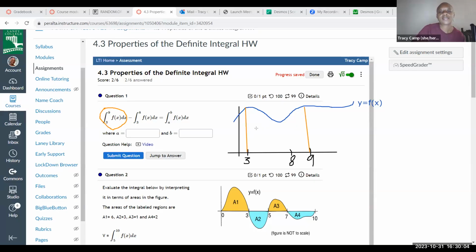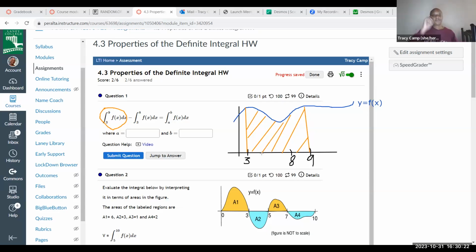And so that's this, what I'm shading right now, this area. That's my definite integral from 3 to 9. Everything, this area shaded in orange, right?